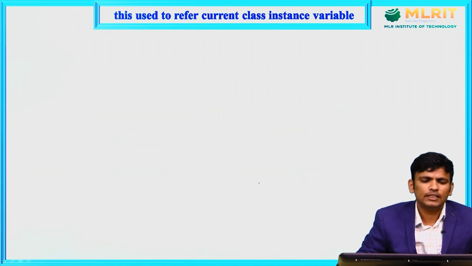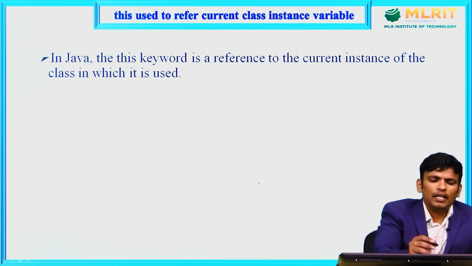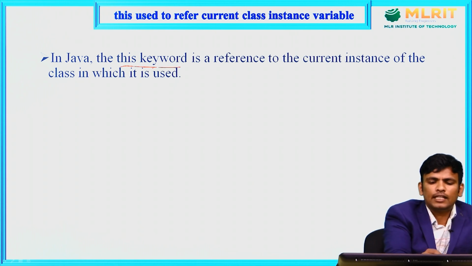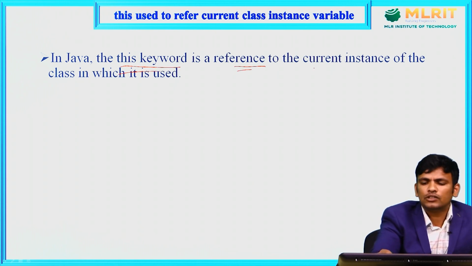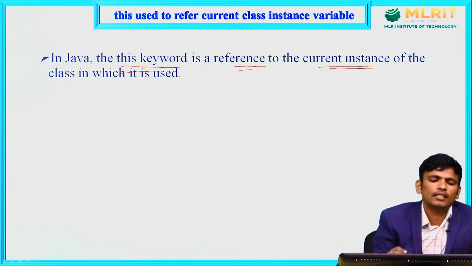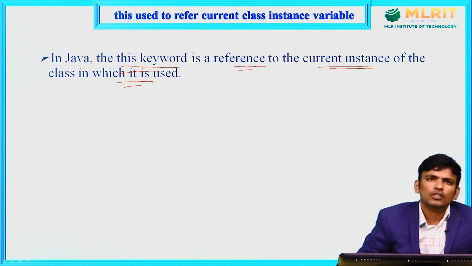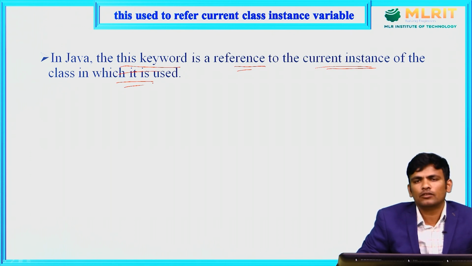First, as I mentioned, using this we can refer to the instance variable. In Java, the this keyword is a reference to the current instance of the class. This is always associated with an object, and instance members like instance variables are also always associated with an object.